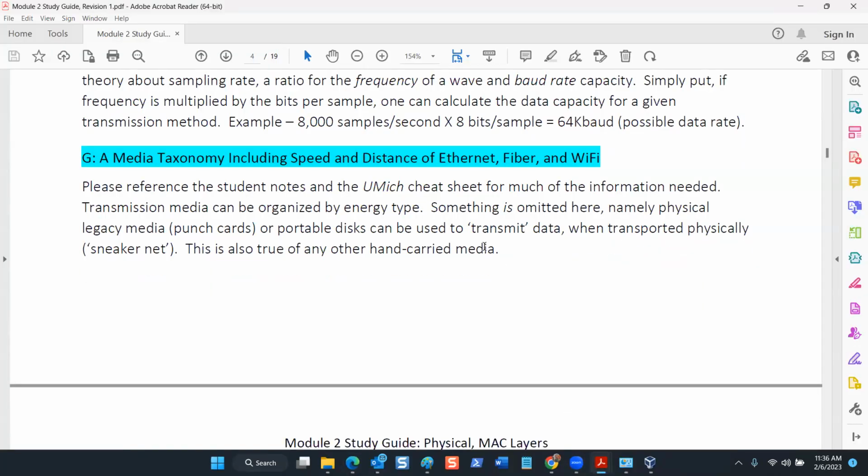There is something that's omitted, namely the physical legacy of media, punch cards and portable disks, that were used originally to transmit data. Comer, I think, makes mention of this, but only briefly.